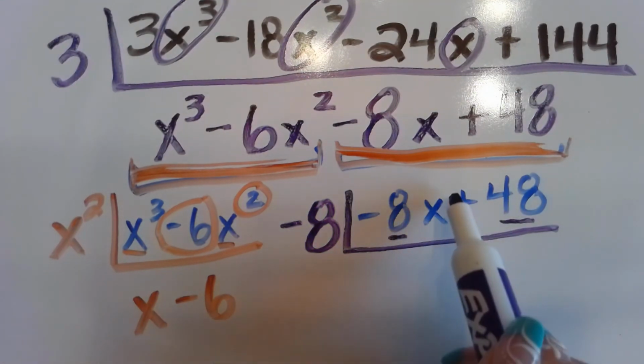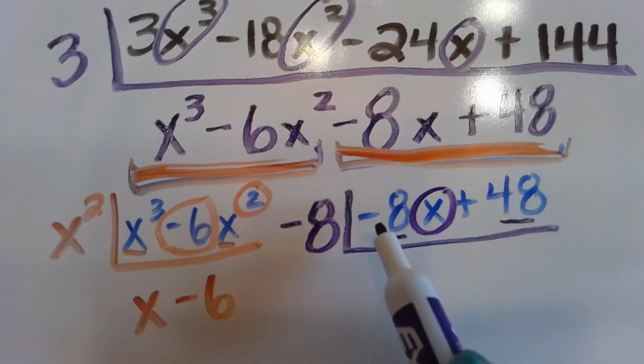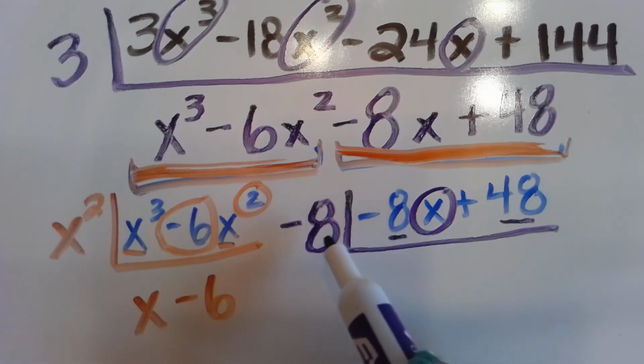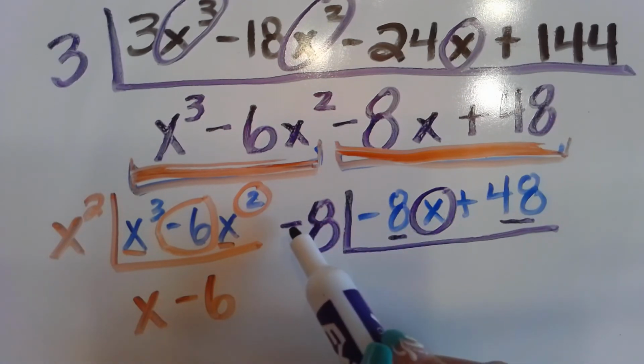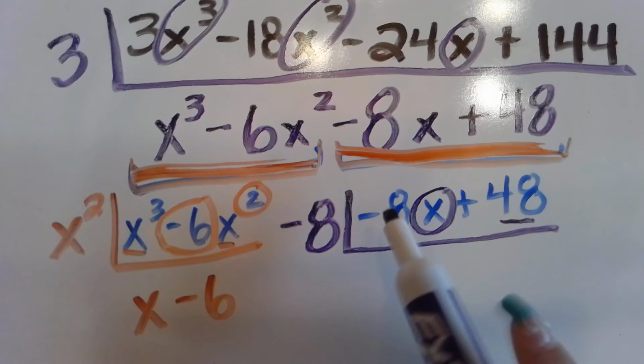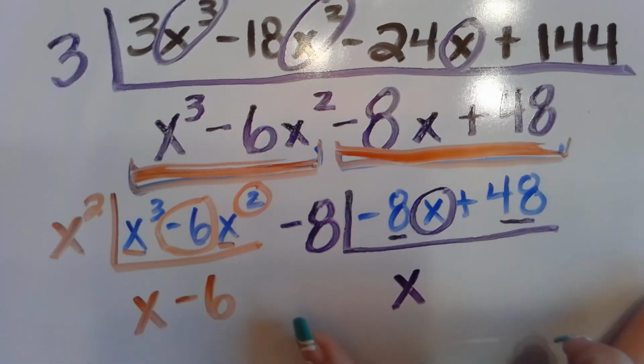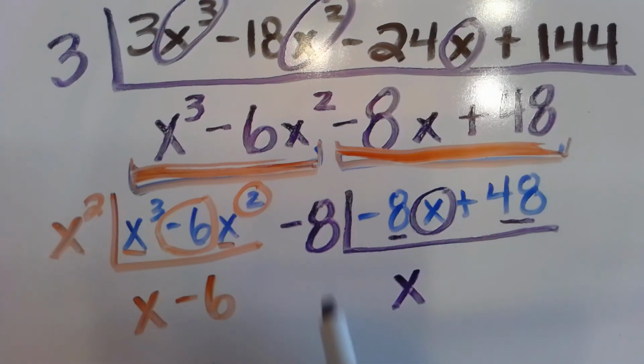This one has an x, but this one does not have an x, so we're going to keep our x here. So negative 8 divided by negative 8 is going to be a positive 1, and we could have put a positive, but we just know it's going to stay positive because we're changing our signs, but we didn't do anything, so we're going to leave our x. Remember, I'm trying to show you a way so you're not having to draw in the imaginary 1, or you get used to looking at it without that imaginary 1, okay?